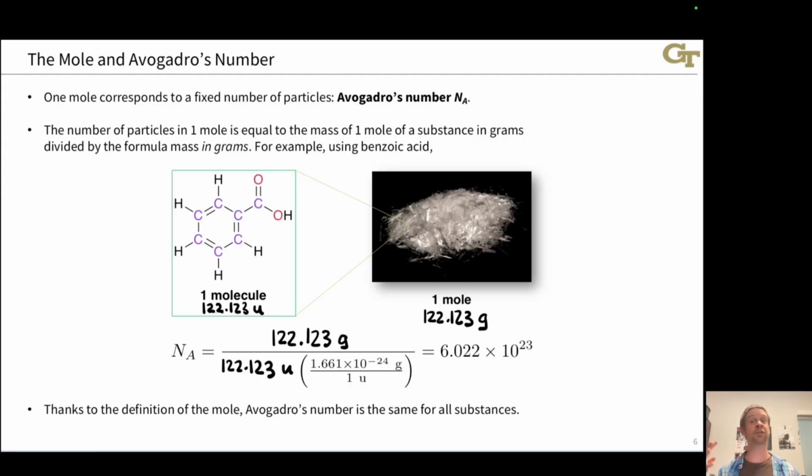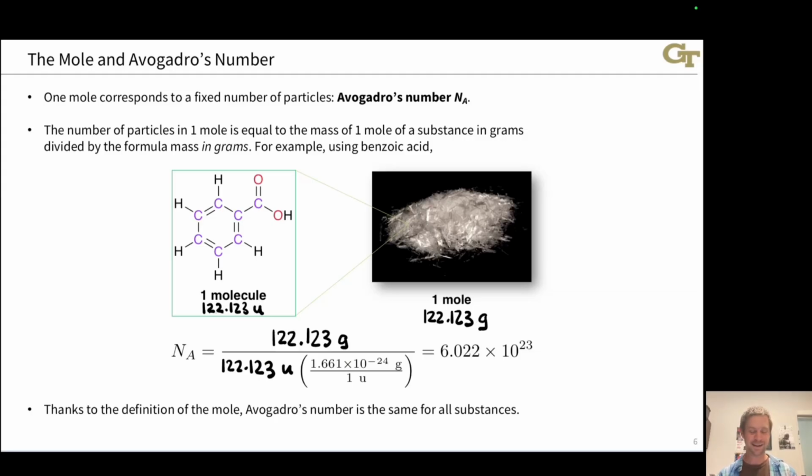Since the mole is defined as the number of particles, that allows us to go from the mass of a single molecule in grams to the mass of a mole in grams in a way, right? And so, for example, to calculate Avogadro's number, we can say, okay, by definition, a mole of benzoic acid weighs 122.123 grams. A single molecule of benzoic acid weighs 122.123 atomic mass units.